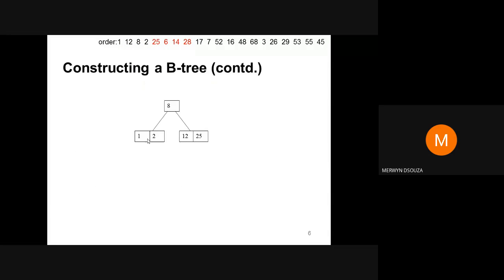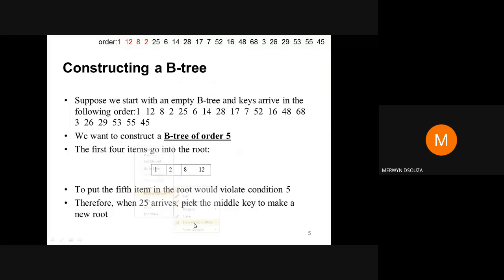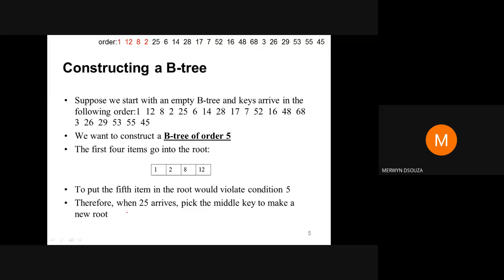So in the second step, you can write in your books: insert 25. Now this is your second step.